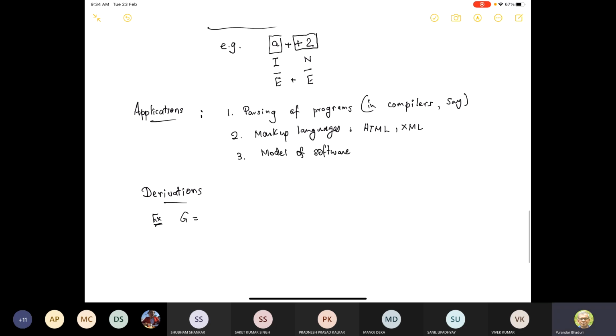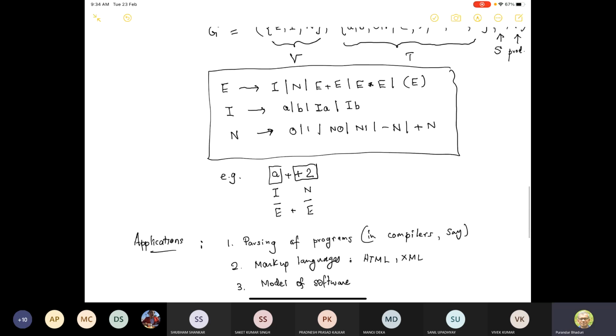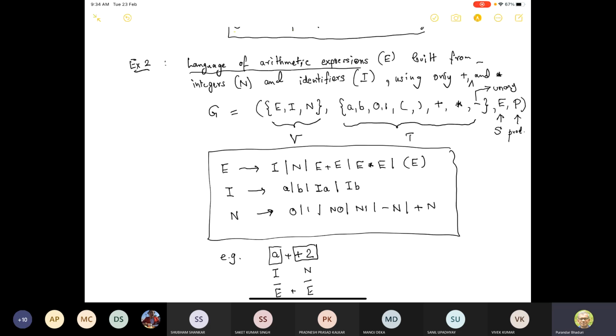So we want to ask, what are the strings in the language of arithmetic expressions as defined above, as defined by the grammar here, right? The language of arithmetic expressions.